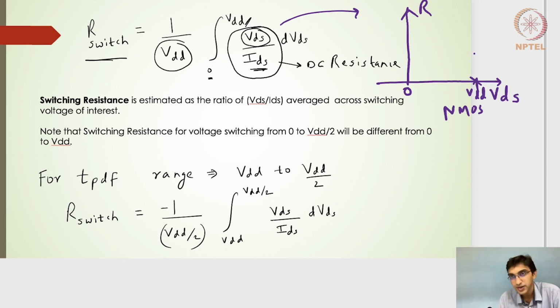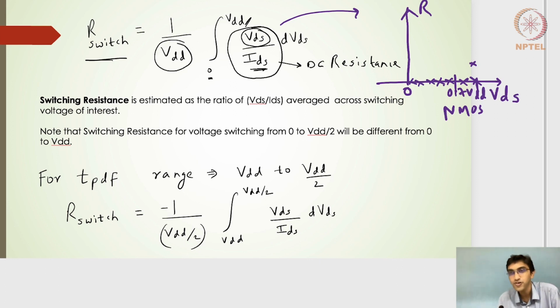We will have a very large current and a very small resistance. Similarly, for an inverter circuit, as the output node voltage drops, the VDS value keeps dropping, and somewhere around 0.7 it will change to the linear region, and then continue till it is 0.